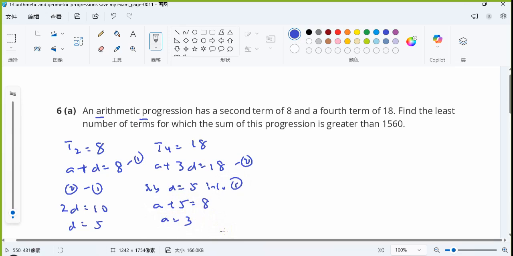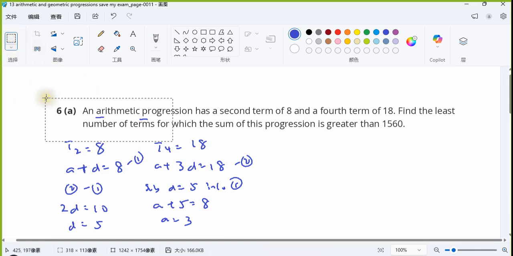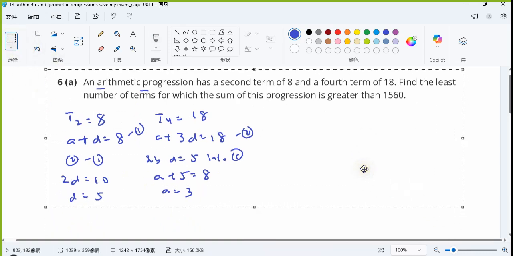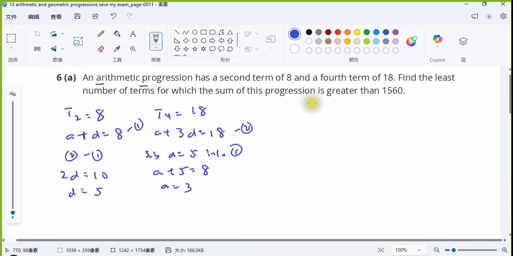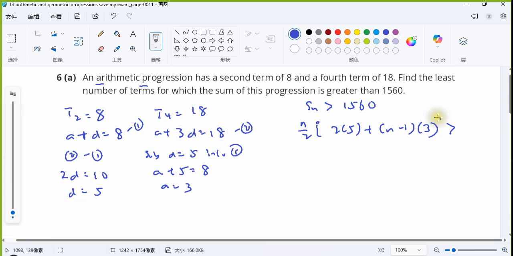Okay, find the least number of terms so that the sum of this progression is greater than this. So Sn greater than 1560, so we have n over 2 times 2a plus n minus 1 times 3 greater than 1560.